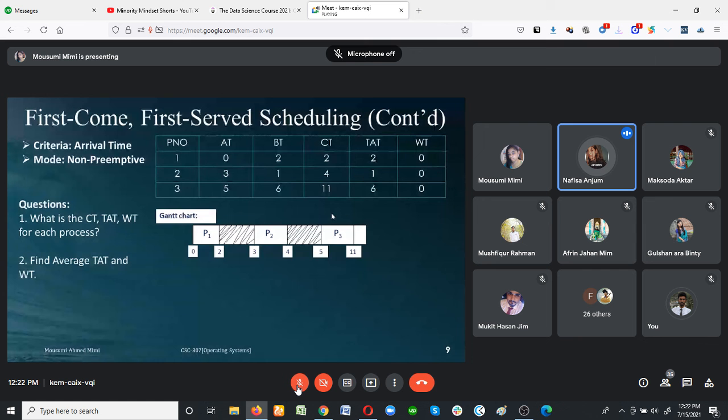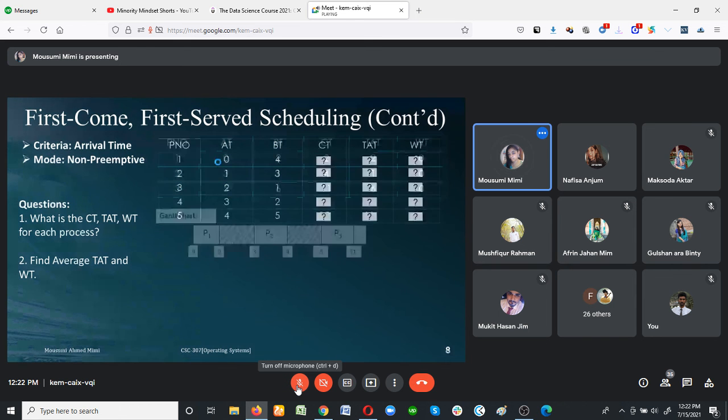Ma'am, basically the completion time equals arrival time plus burst time, right? If you go for the first example, it is not like that.